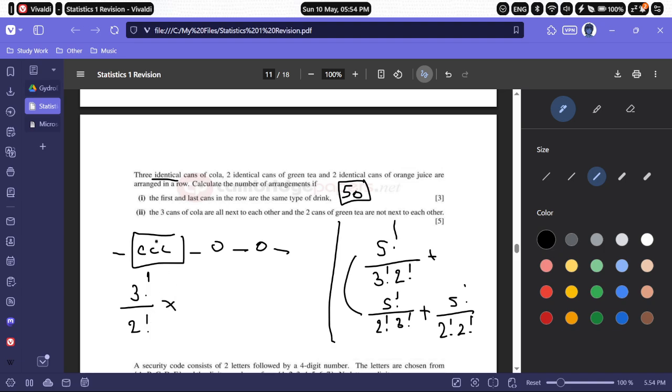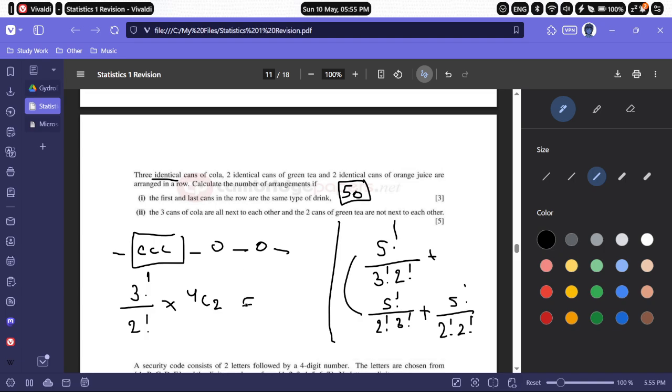And then you have one, two, three, four gaps, and you have to put two cans. But again, keep in mind that those two cans are identical. So you just do 4C2, or you can do 4P2 upon 2 factorial. That would be the same thing.